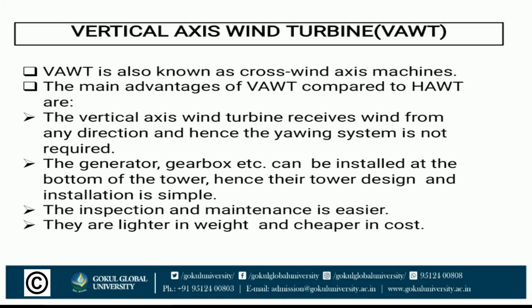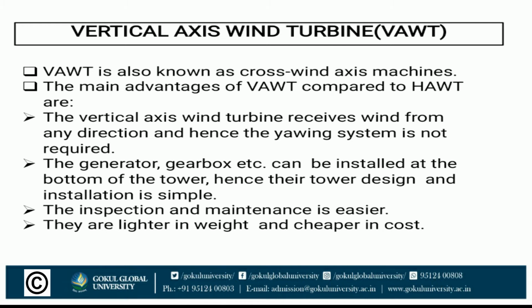Vertical axis wind turbine, meaning VAWT, is also known as cross wind axis machines. The main advantages of vertical axis wind turbine compared to horizontal axis wind turbine are: first one, the vertical axis wind turbine receives wind from any direction and hence the yawing system is not required.